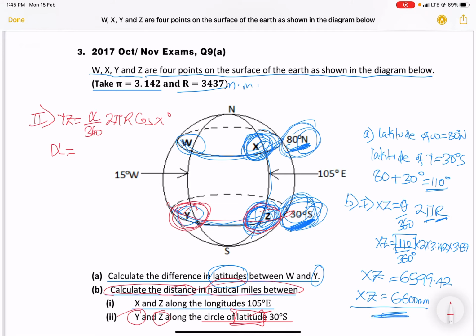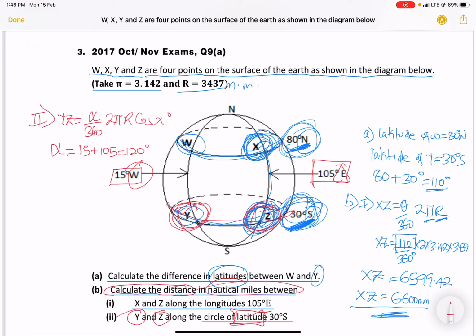Y is on longitude 15 degrees west, while Z is on longitude 105 degrees east. West and east are different, so we'll add. So we'll say 15 plus 105, which will give us 120 degrees.